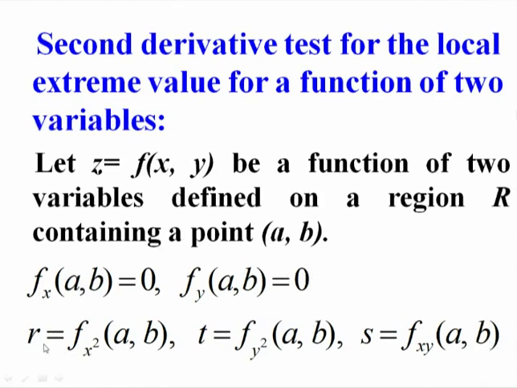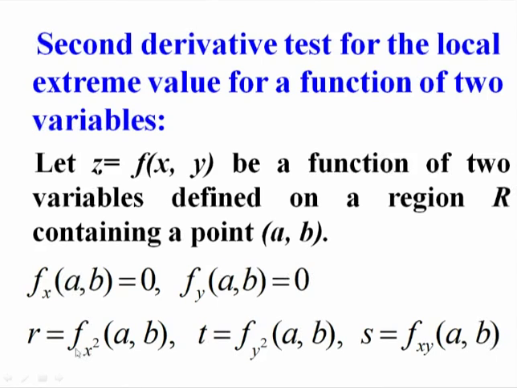So let us denote R as del square f by del x square at the point a, b, T is equal to del square f by del y square at the point a, b, and S is equal to del square f by del x del y at the point a, b.